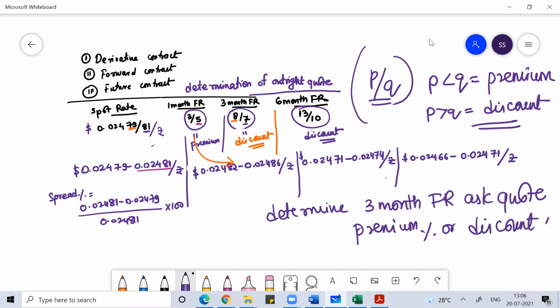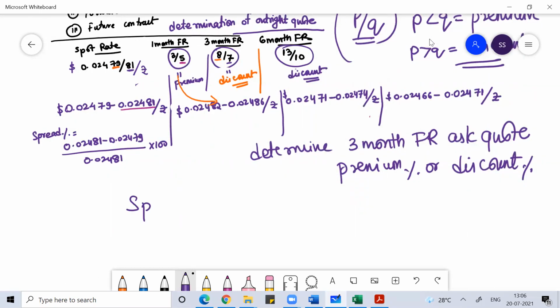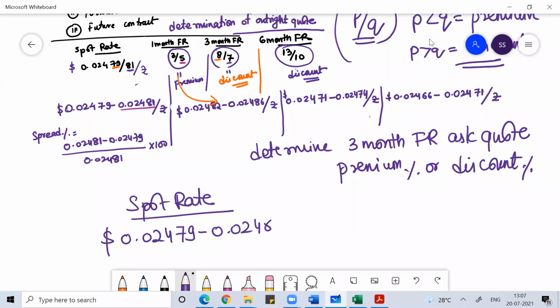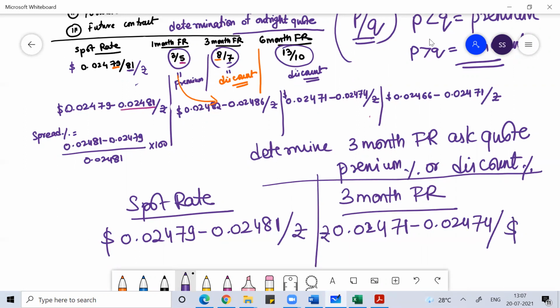You can see your spot rate is dollar 0.02479, 0.02481 per rupee, and then your 3-month forward rate is 0.02471, 0.02474 per rupee. So you see this value.